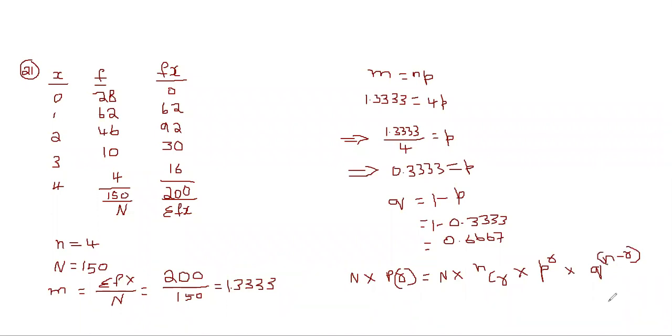The additional thing when the binomial distribution is being fitted is N. So before this P of r, you will get N. Before this total formula, you will get this N.